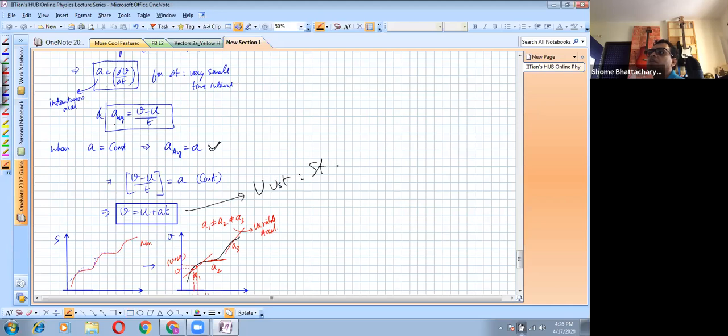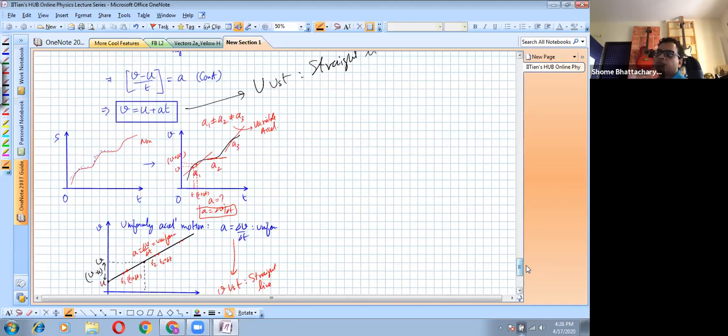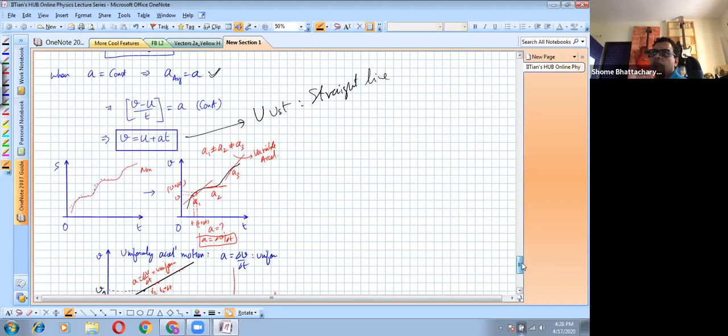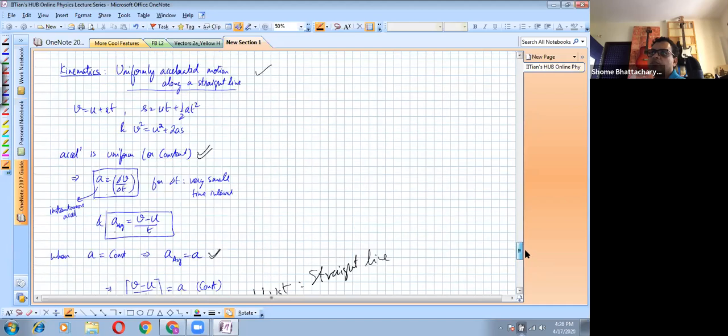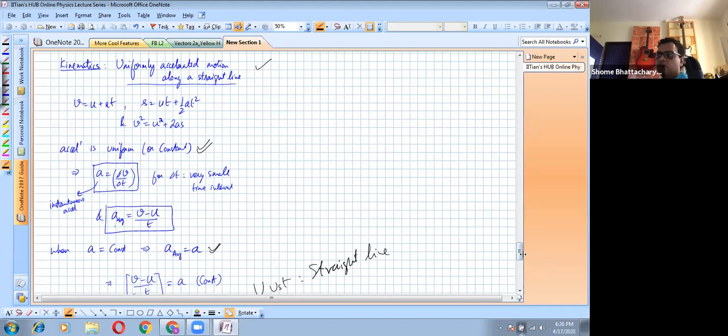It has to be a straight line. This is the first thing, and this is the derivation of the formula that v is equal to u plus at. All right. So I'll just leave this for you for a moment so that you make sure you understand this part here. We'll come to the graphical explanation next.